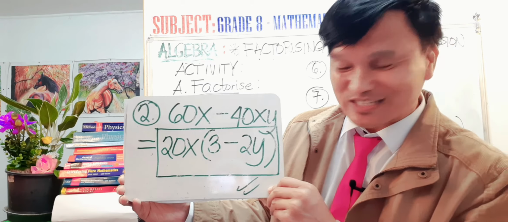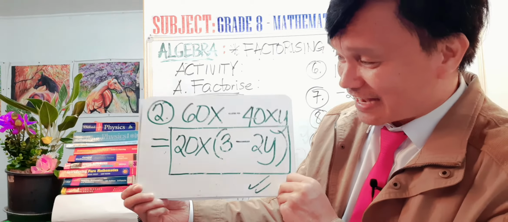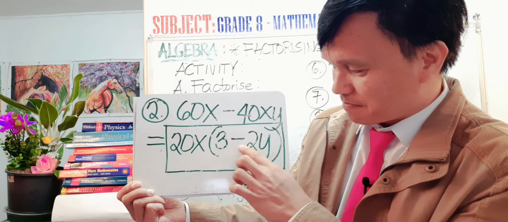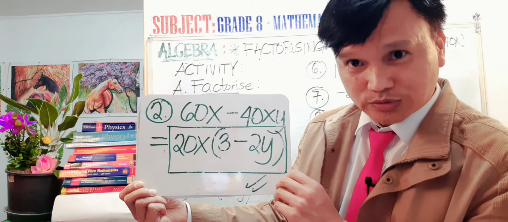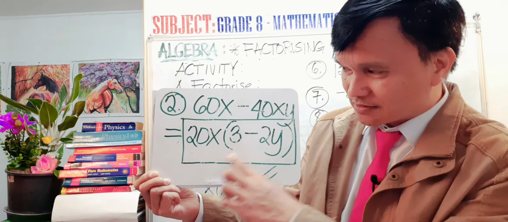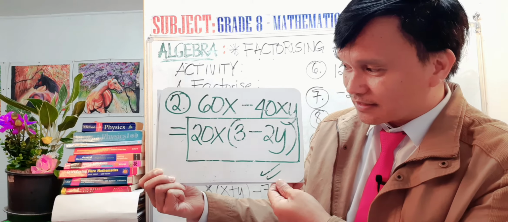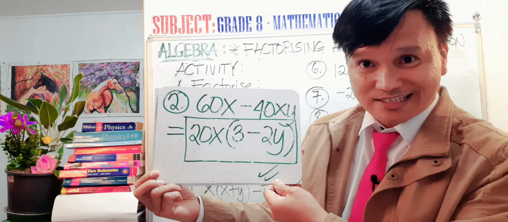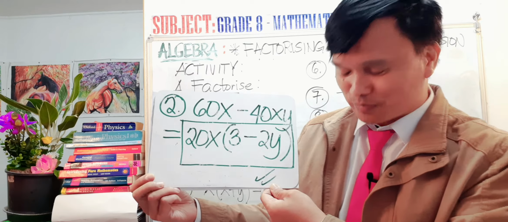So the answer is 20x open, 3 minus 2y close. Parents, if you are watching this, please guide your children on this topic of factorizing algebraic expressions.